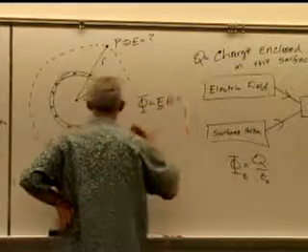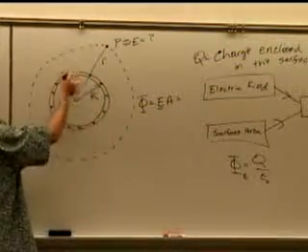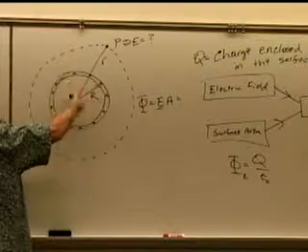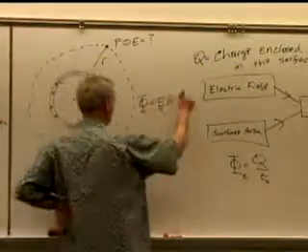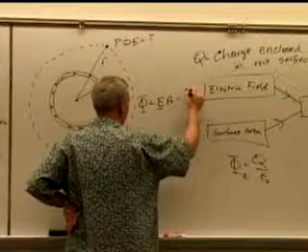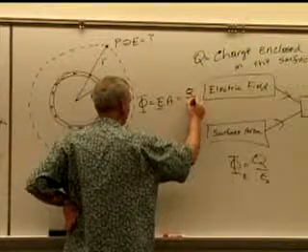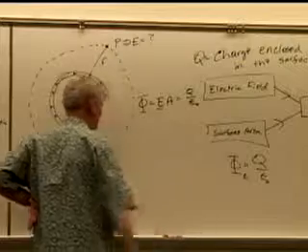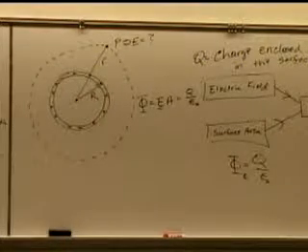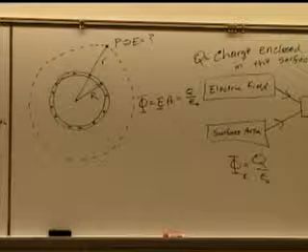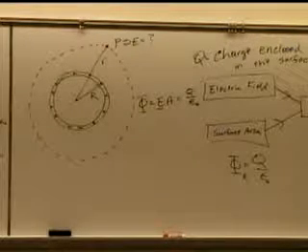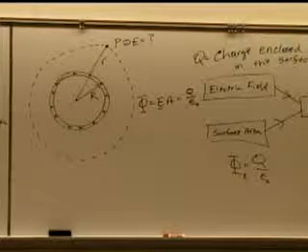Is equal to the charge enclosed, whatever that happened to be, Q over, not sigma, I'm sorry, over the permittivity of free space, epsilon naught, which is a constant. Okay? That's in your book somewhere.